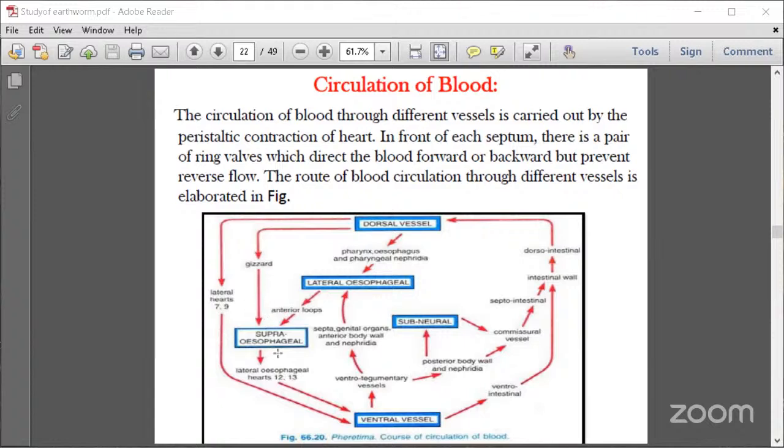From the gizzard to the supraesophageal and lateral esophageal, 12th to 13th segments, that moves towards the ventral vessel. In one way it goes to the ventrointestinal, in the other way it goes to the ventrotegumentary vessel.